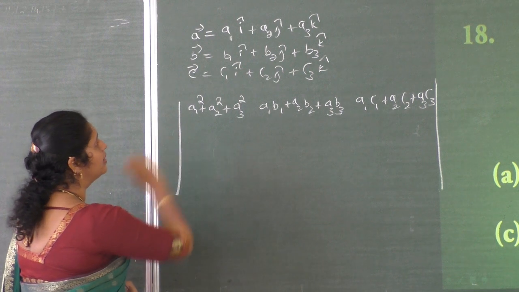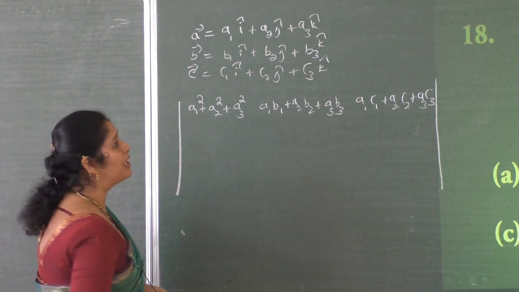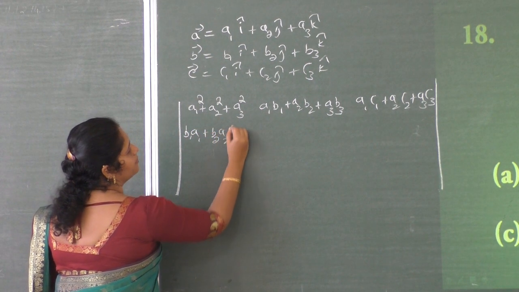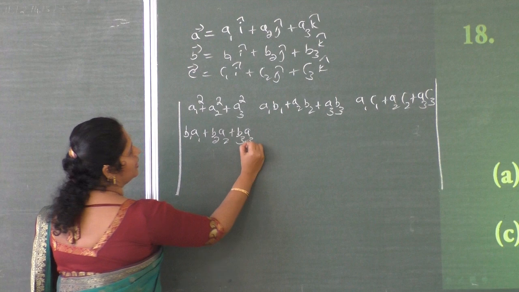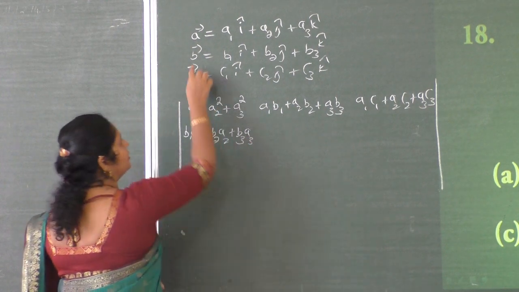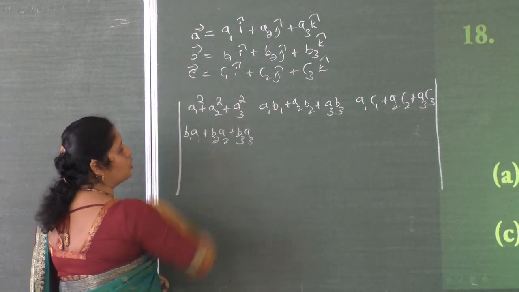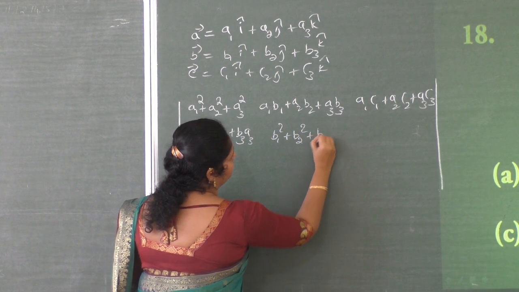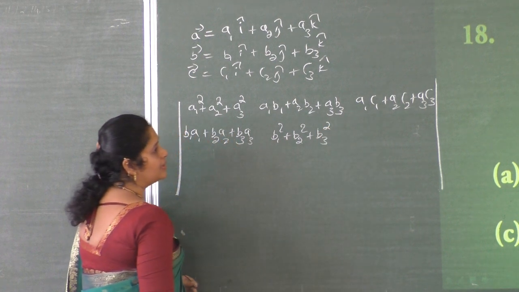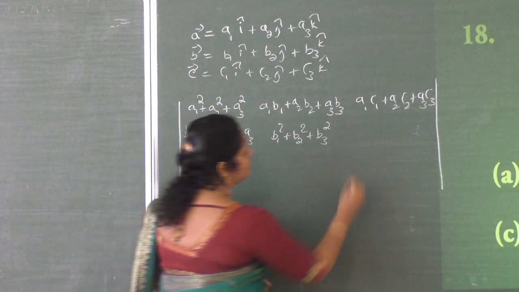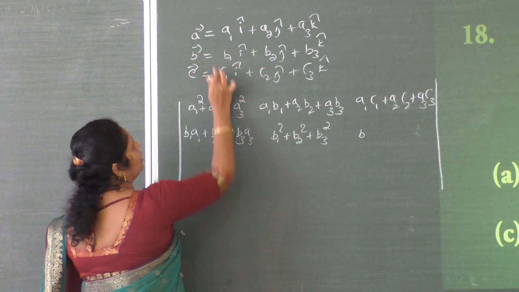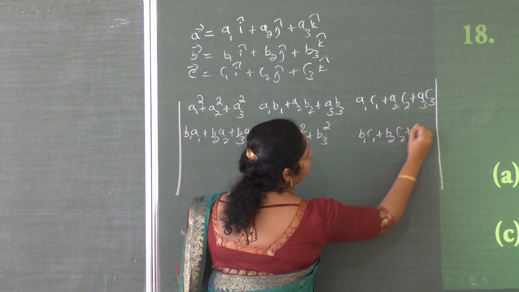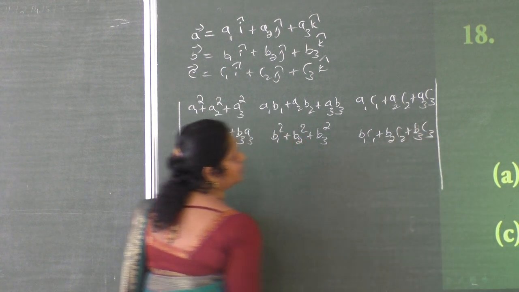Okay, in the same manner, you have to find vector B dot vector A. So what is that? B1 A1 plus B2 A2 plus B3 A3. Then vector B dot vector B, the same vector, you have to take the dot product, that is B1 square plus B2 square plus B3 square. Then B dot C means B1 C1 plus B2 C2 plus B3 C3.